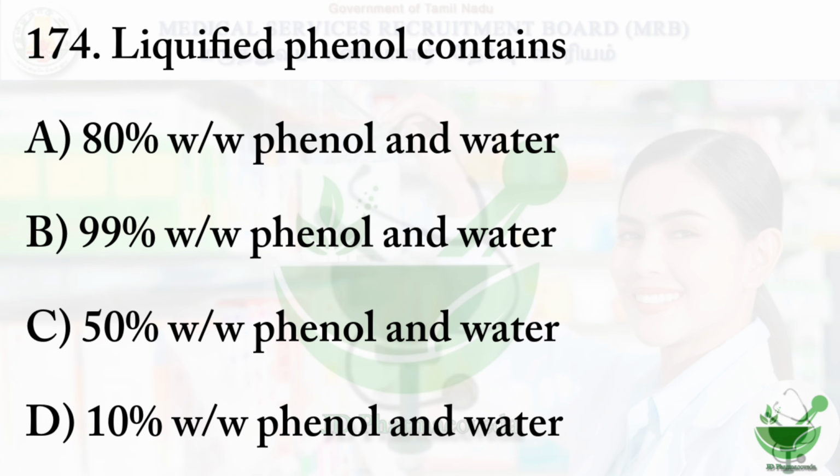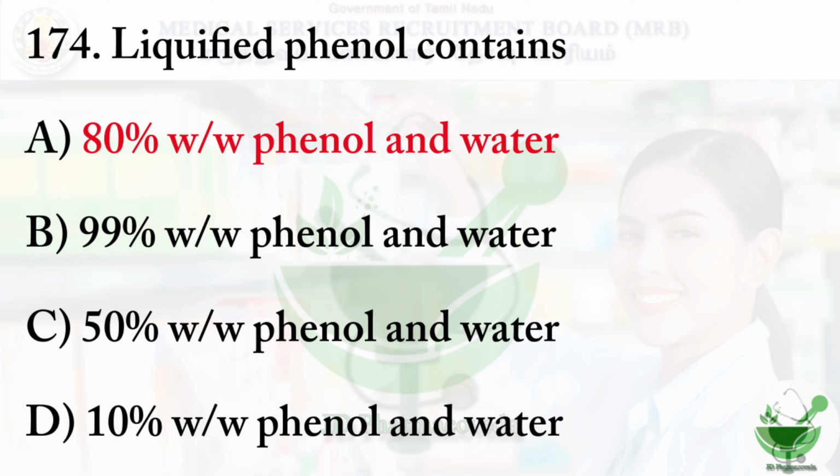Then question number 174, liquefied phenol contains: option A 80% weight by weight phenol and water, option B 99% weight by weight phenol and water, option C 50% weight by weight phenol and water, option D 10% weight by weight phenol and water. So the right option is option A, 80% weight by weight phenol and water.